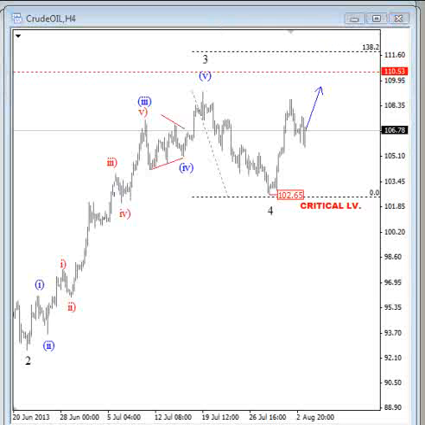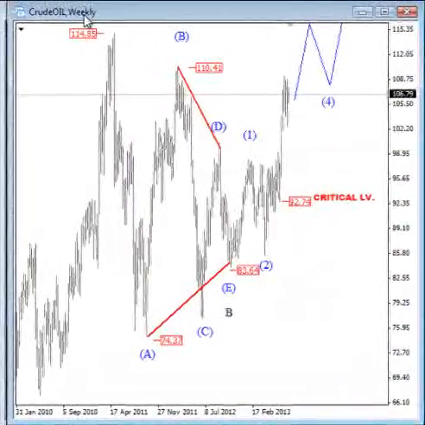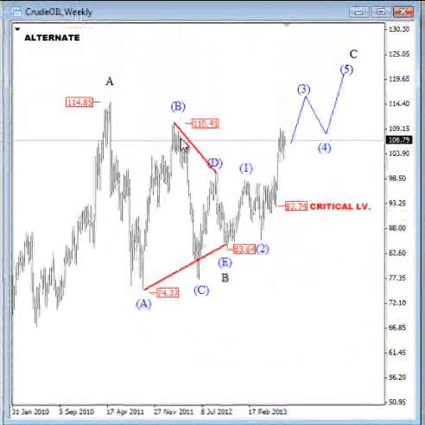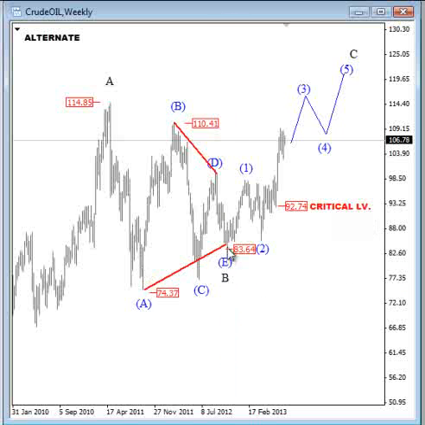We will just switch the larger weekly picture, and we will start tracking this wave count, which suggests that this triangle already finished last year in October here, and that we are now moving higher in impulsive fashion, that we are now in wave 3. So if we see a decisive break through this swing high and test maybe these highs, then I think I will start tracking this wave count.